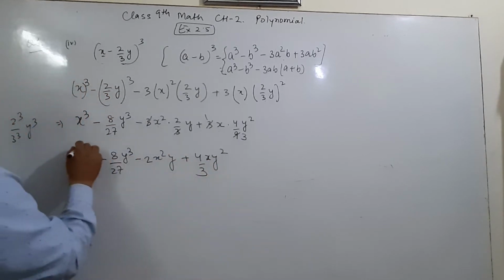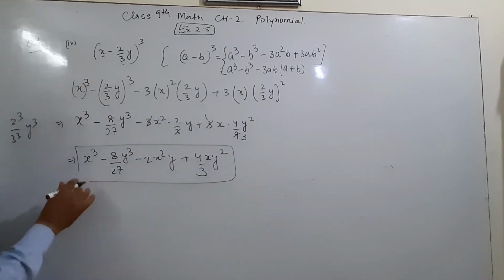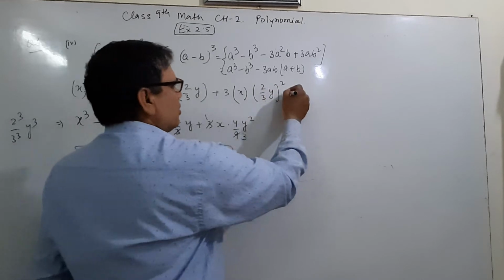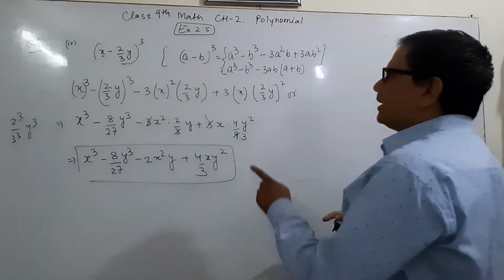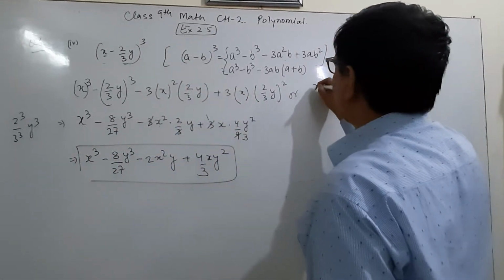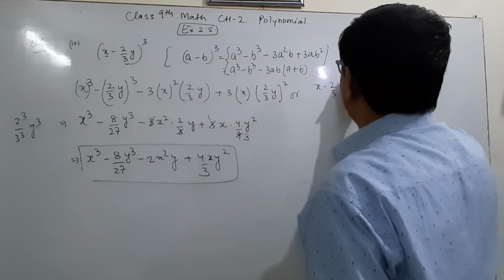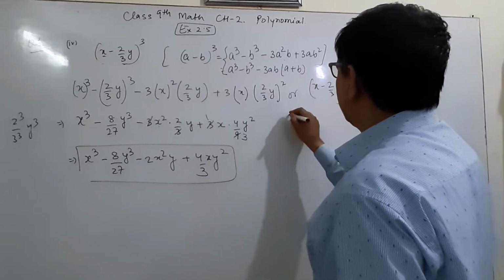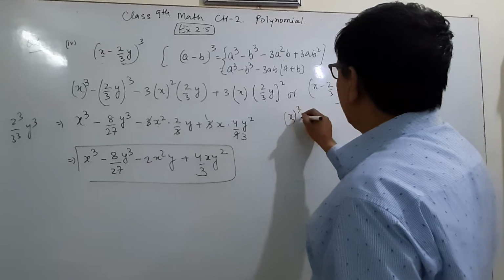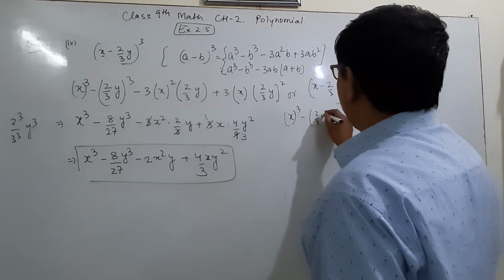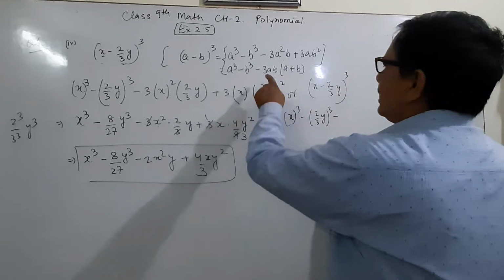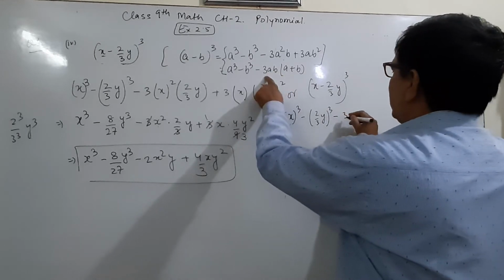This is your answer. You can solve either this way or by this method. A cube again, x minus 2 by 3y whole cube. Here is x cube minus 2 upon 3y whole cube, minus here is 3ab. What is a?